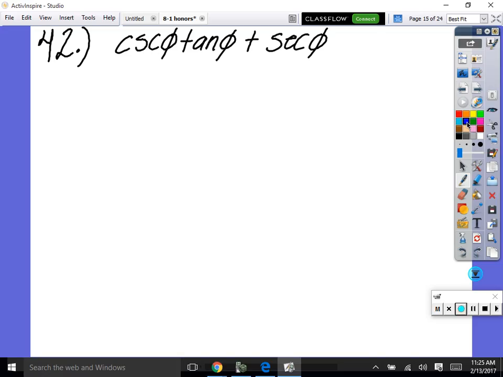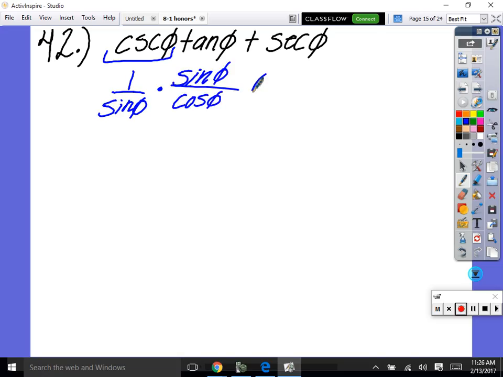What's cosecant? Okay, maybe let's go with that. 1 over sine of phi. Now tangent is sine phi over cosine phi, plus secant phi. So now I'm seeing where this is going. Don't those divide out?